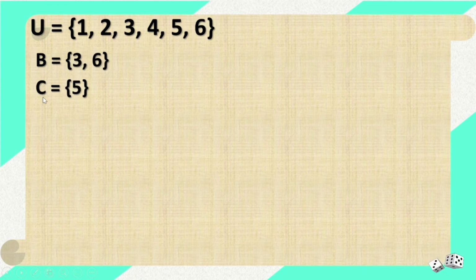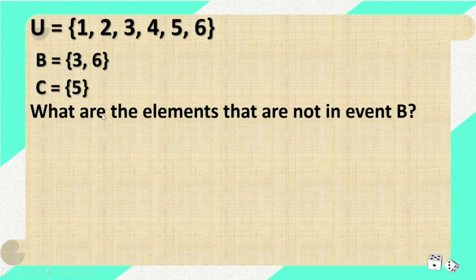For event C, the element is 5. What are the elements that are not in event B, or the B prime or B complement or the complement of event B?